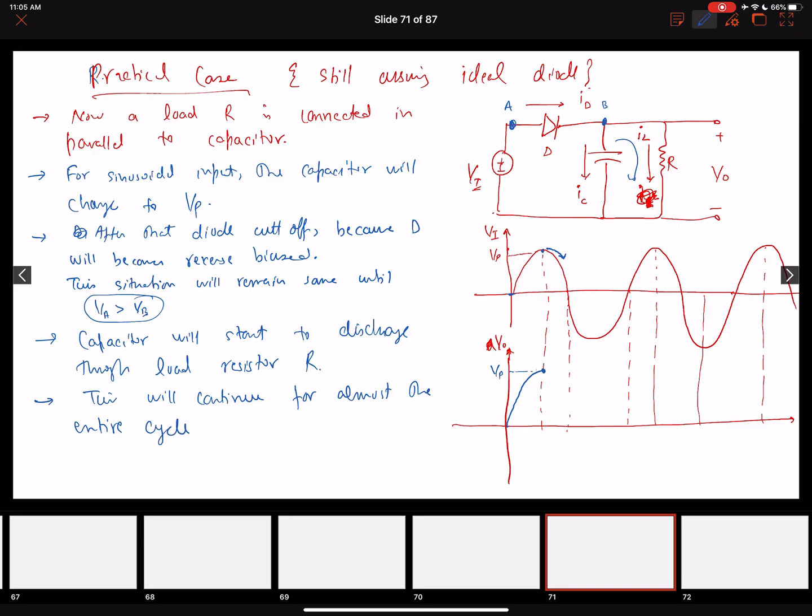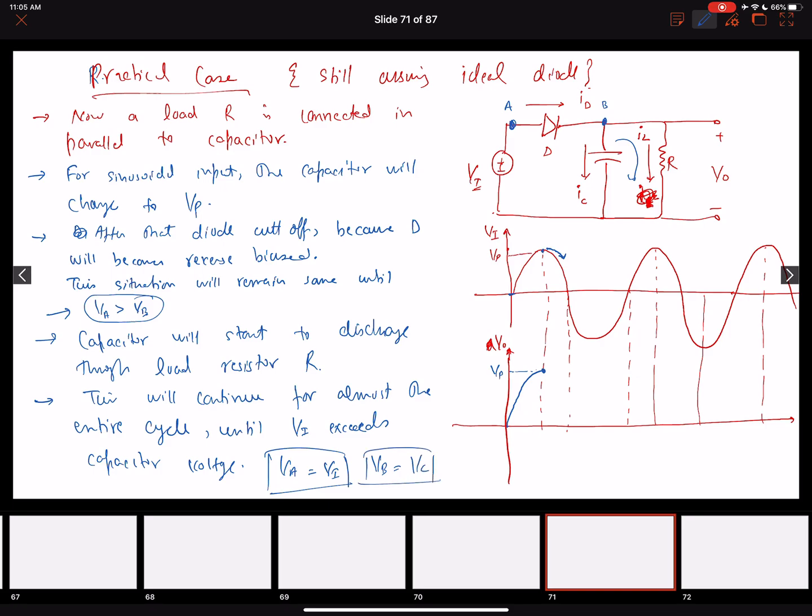until Vi exceeds the capacitor voltage, right? Which essentially means this: VA over here is Vi, and VB over here is essentially whatever voltage we have across the capacitor, Vc, right?